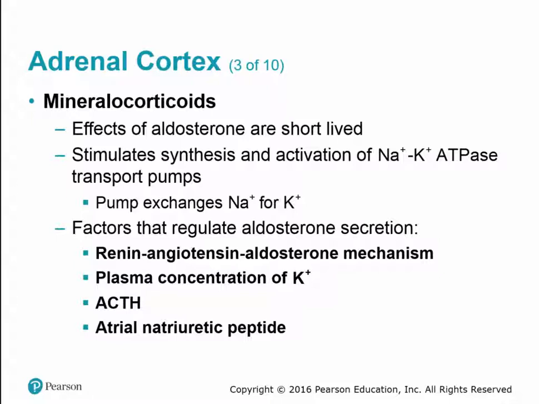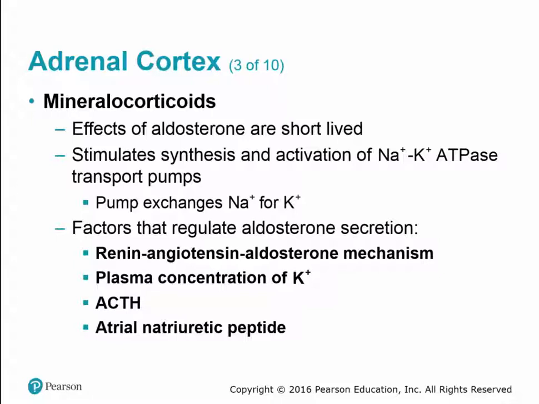A couple of factors can regulate aldosterone secretion. First and foremost is the renin-angiotensin-aldosterone mechanism that we'll talk about shortly. Next is the plasma concentration of potassium. Aldosterone causes elimination of potassium, so if we have too much potassium, that can increase aldosterone production, and if we don't have enough, we could turn off aldosterone production.